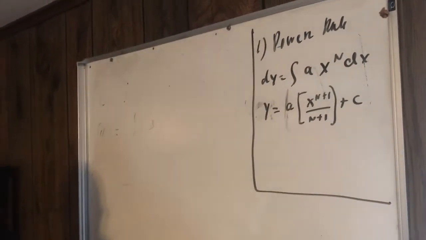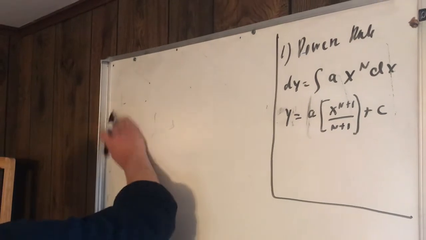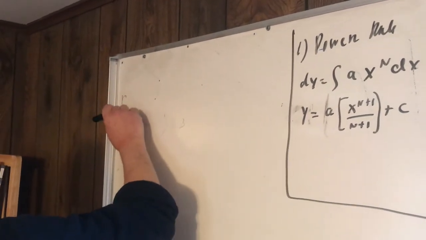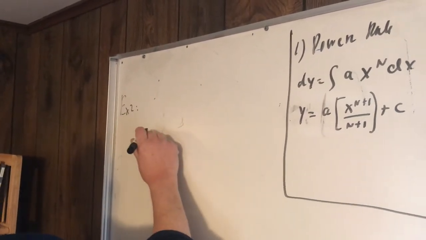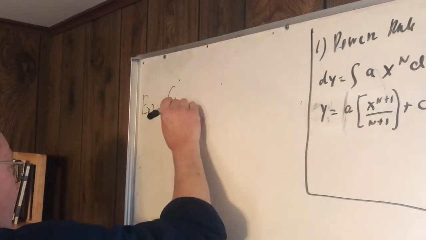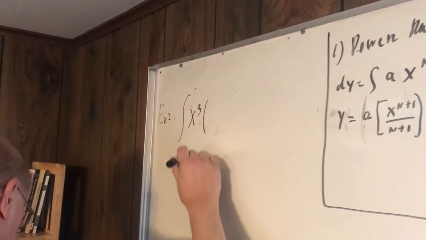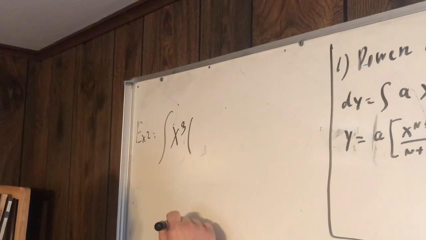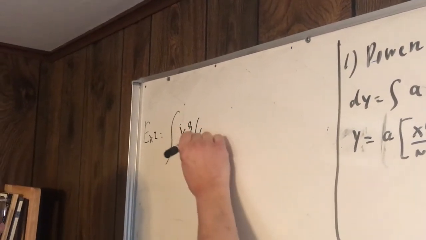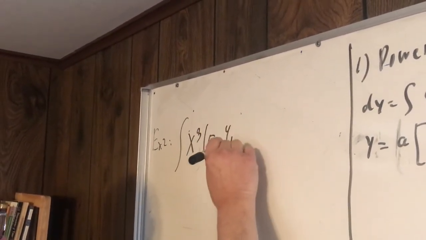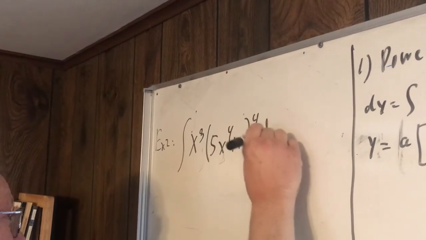Here we go. So example 2 is the integral of x cubed times (5x to the fourth plus 1) to the fourth dx.